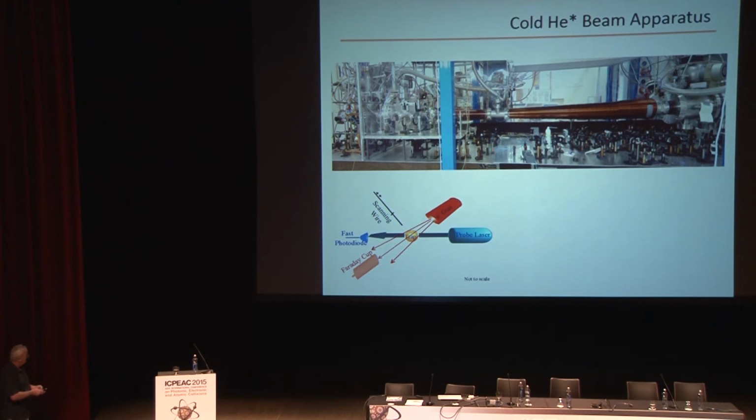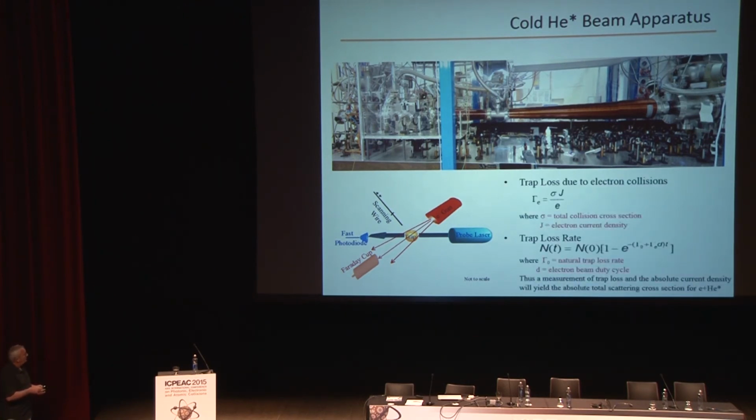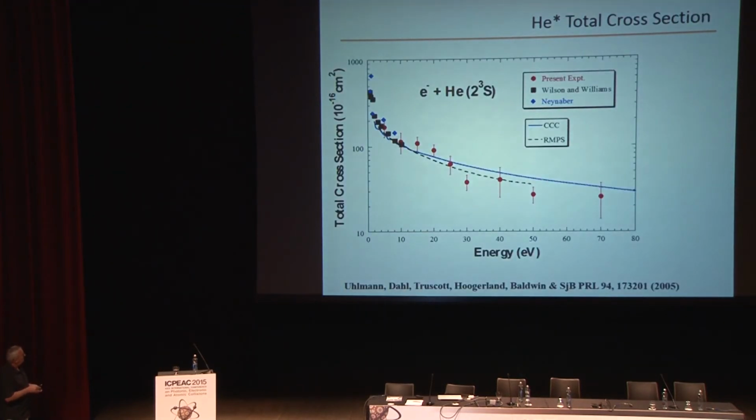So all we really needed to do, and it seemed very simple in principle, was to measure the trap loss rate and then plug that into this equation up here where we could get the total scattering cross-section for electrons off metastable helium. And this was the result. We got some very nice absolute data which compared extremely well, again with these 2 state-of-the-art calculations, the CCC and RMPS.